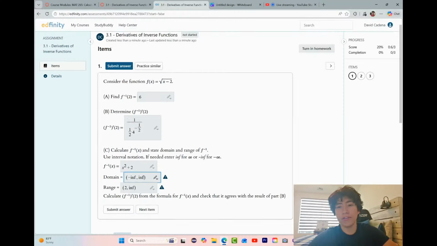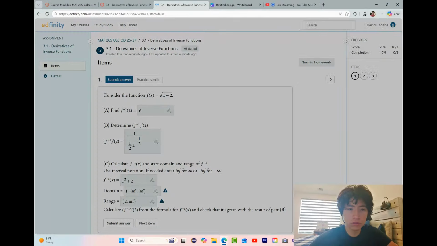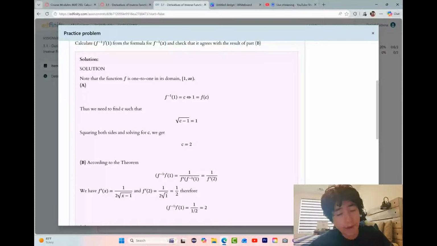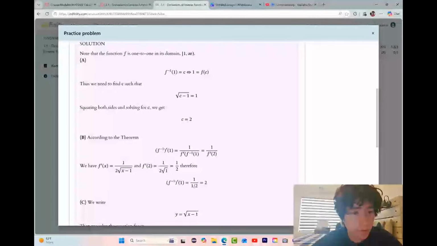All right. Here, I think I'm just going to look at the solution equals c, and that implies that the input equals f of the output. Right. Then we need to find c such that the square root of c minus 1 equals 1.